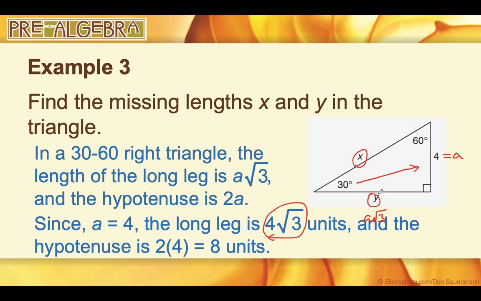Again, it's the longest leg, and whatever A is, which is 4, it's going to be that times the square root of 3. What about the hypotenuse? Well, the hypotenuse is 2 times whatever A is, so therefore 2 times 4 is 8 units. Again, the length of the long leg is whatever A is times the square root of 3. The hypotenuse is 2 times whatever A is.